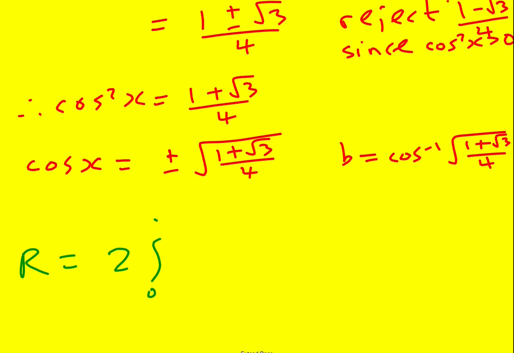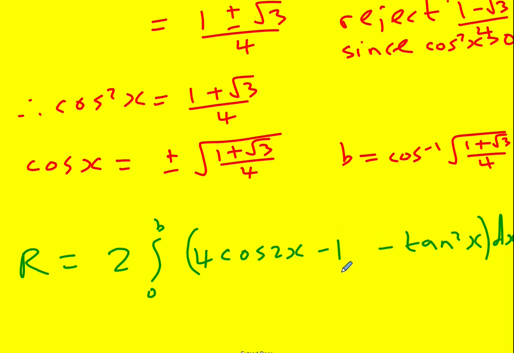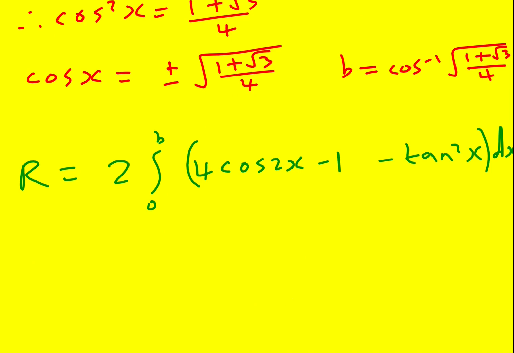I'm just going to leave it as b for the moment rather than write this out every single time. 4 cos 2x minus 1 minus tan squared x. I could write it as 2 separate integrals if I need to. Sometimes that can be good because you might need to do integration by parts on one integral and so on. But let's deal with it and see what happens.